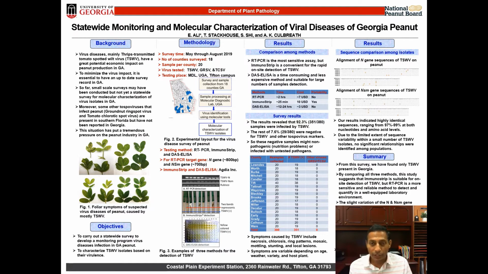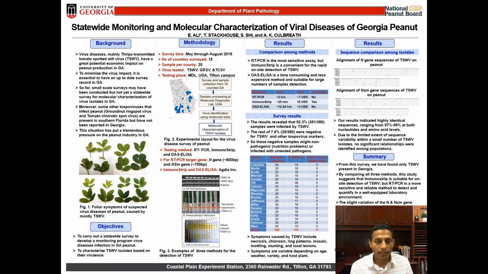To address this issue, with the funding help from the National Peanut Board, we have conducted a statewide survey to develop a monitoring program for virus diseases in Georgia's peanut. Further, we also characterized TSWV isolates based on their virulence.